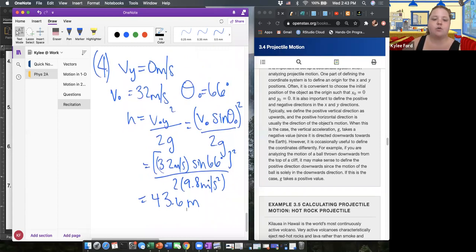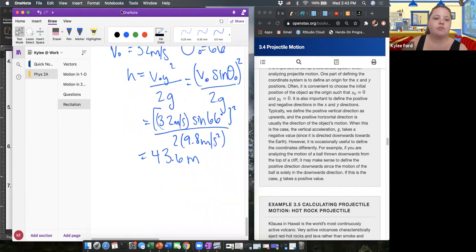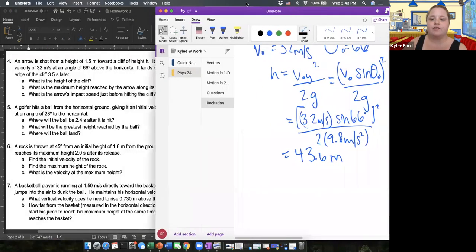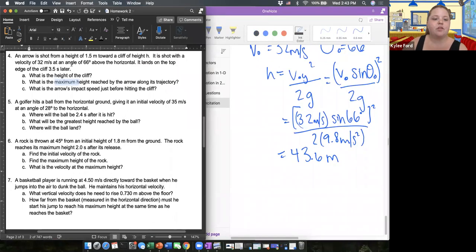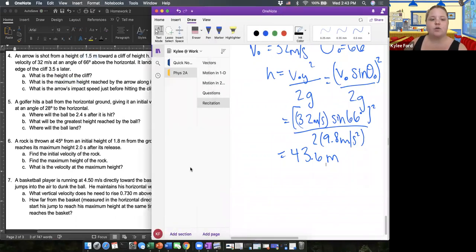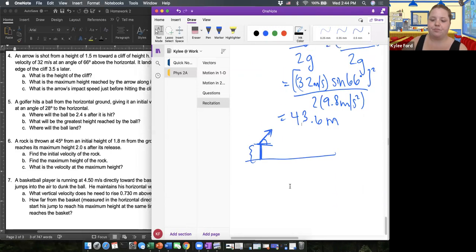Let me explain something real fast about this problem. It tells you that the starting height is 1.5 meters above the ground. So we have an arrow shot from above the ground.